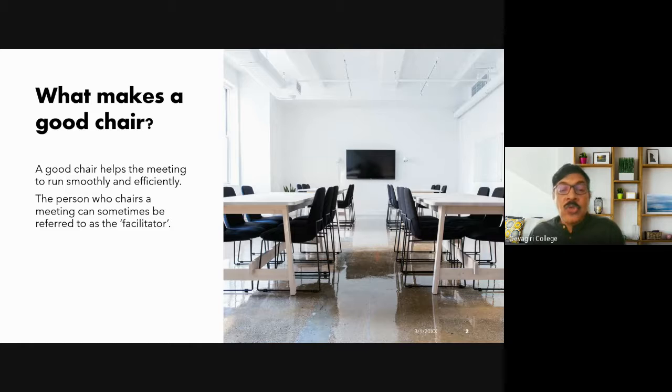And the chair also needs to strike a balance between hearing everybody's views and going through the business. So one very important thing that you need to understand is that you should never use the position of your chair as an opportunity to put forward only your views and dominate the meeting. So this is very important.